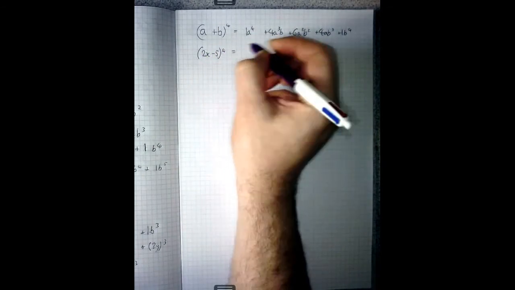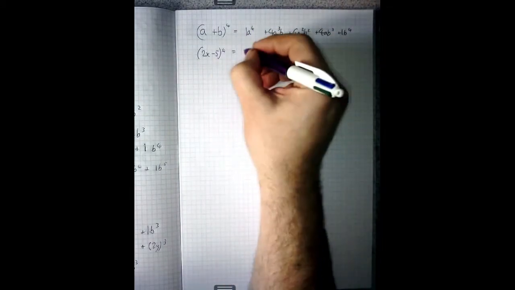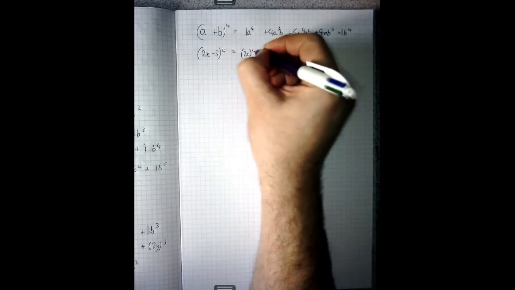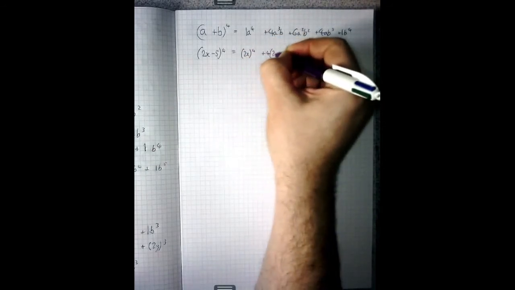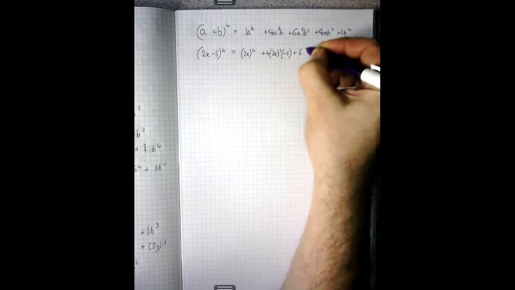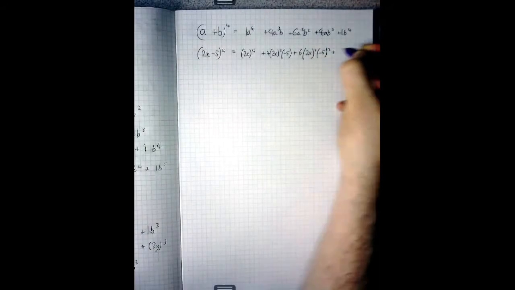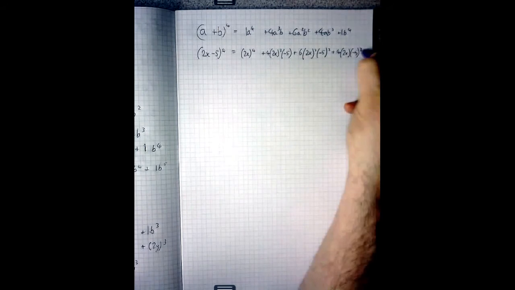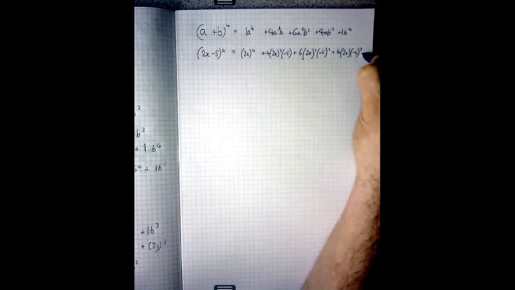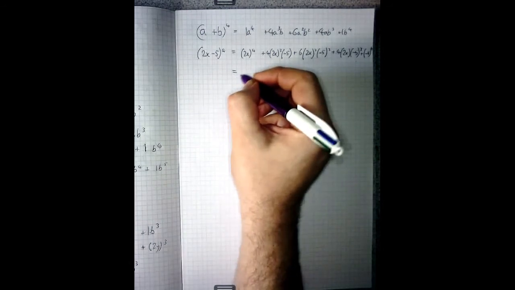What I actually want to expand in the question is (2x − 5)⁴. So I've replaced my a with 2x and I've replaced my b with −5. And I use brackets a lot. (2x)³ times (−5). 6 times (2x)² times (−5)². 4 times 2x times (−5)³, I can just fit it there, plus (−5)⁴.